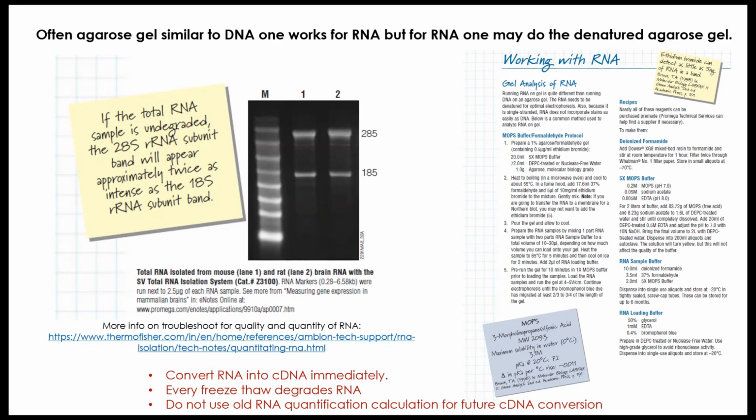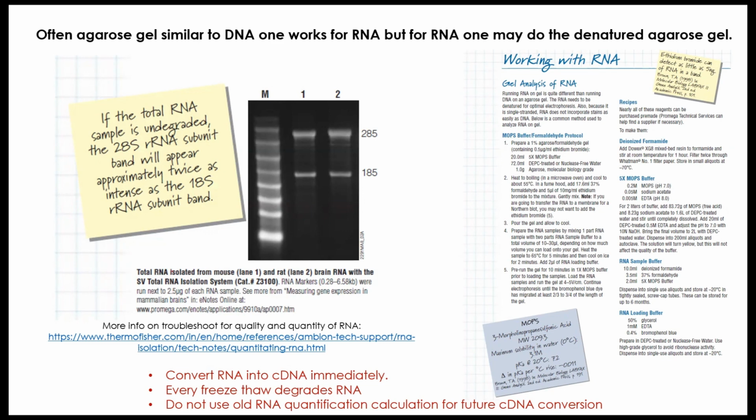What is important here is to check the ratio of the 28S and the 18S bands. Why 28S and 18S? Because we know there are three different types of RNA: tRNA, rRNA, and mRNA. rRNA contributes close to 80 to 85% of the RNA present in the cell. So when you are doing total RNA extraction, 80 to 85% of your RNA is coming from rRNA.